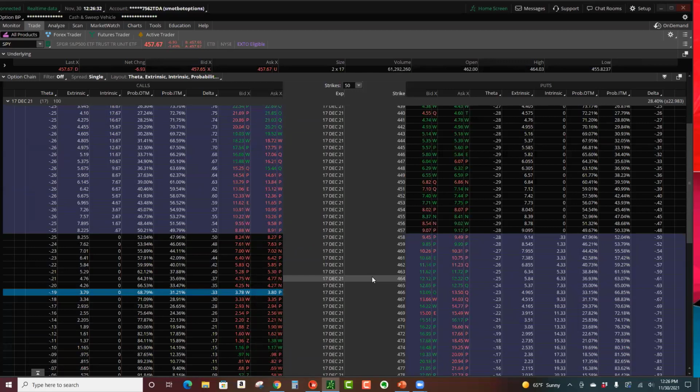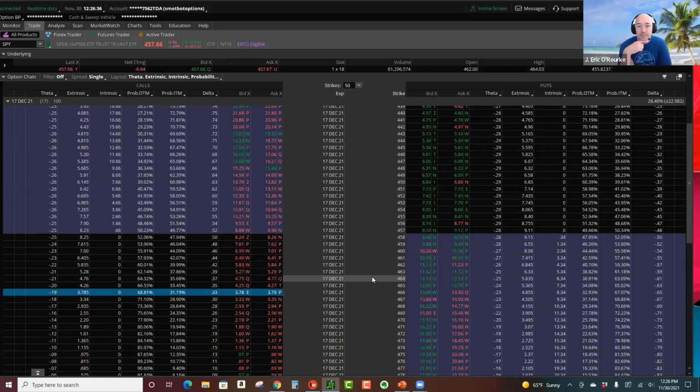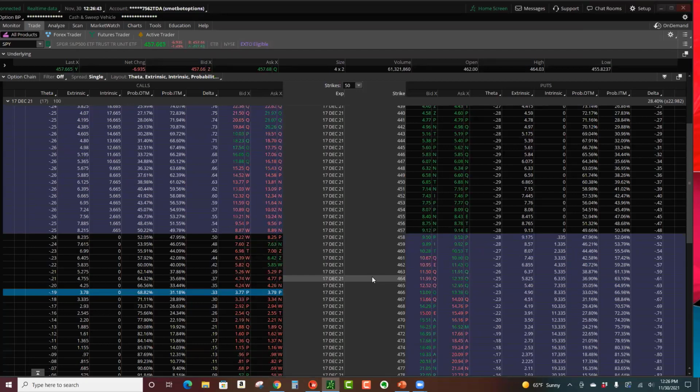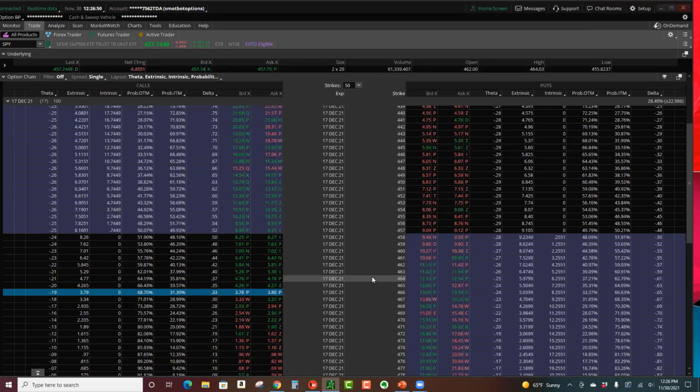And a higher probability of making money. Even though puts are more expensive, right? We all know that puts are more expensive. Maybe the premiums may not be as high, but the probability of winning trades is higher.